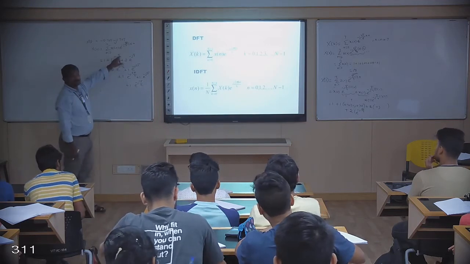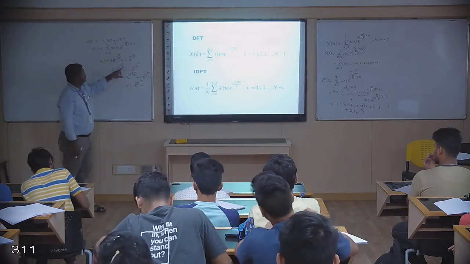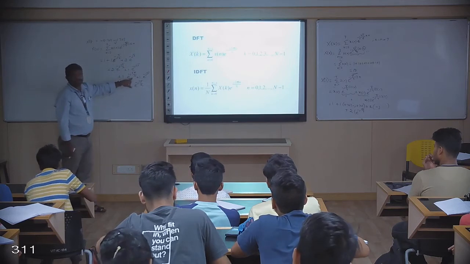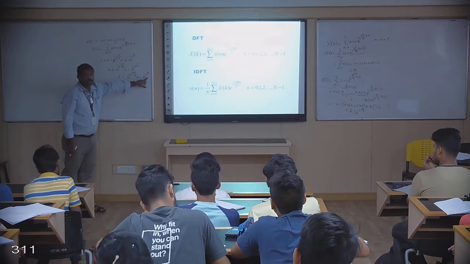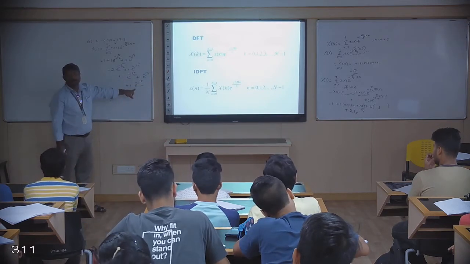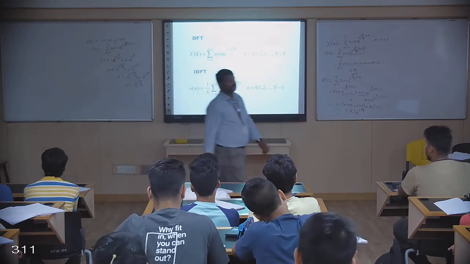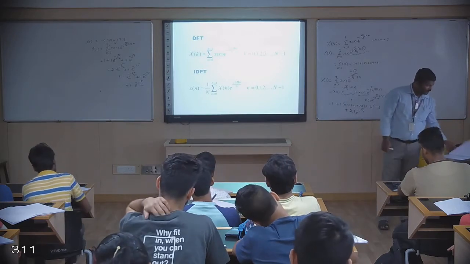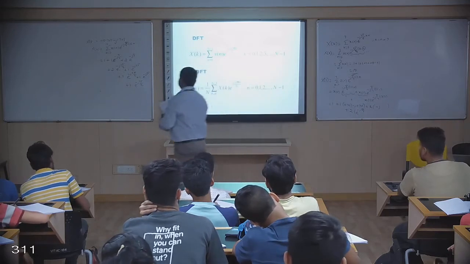So pi by 2 is minus j, and this is minus 1. 2 pi is 1. This is plus j, and this is again minus j. This is minus 1. This is minus j, right? So the answer is minus 1 plus j.